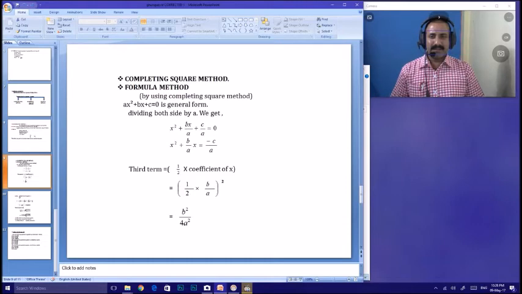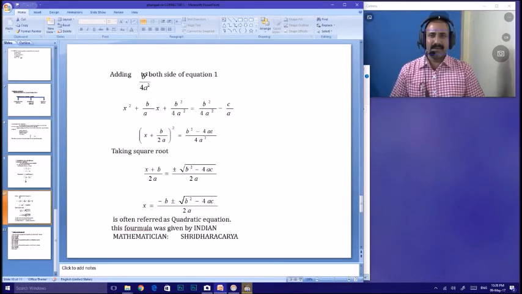That is, the third term equals half into coefficient of x, half into b upon a whole square. Therefore, we can write b square upon 4a square.